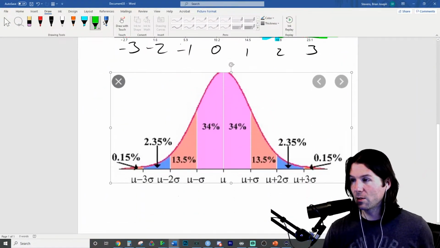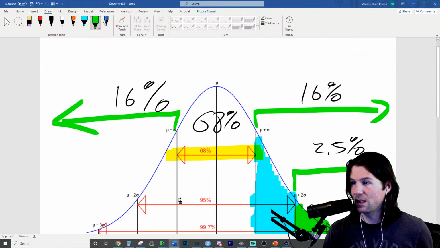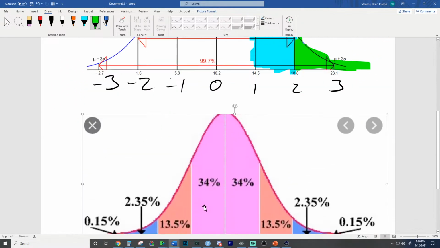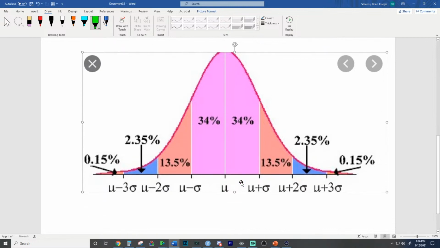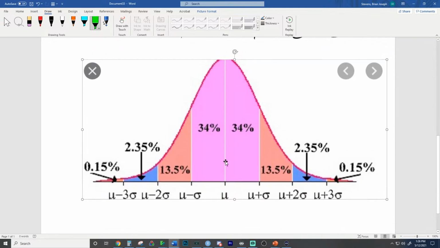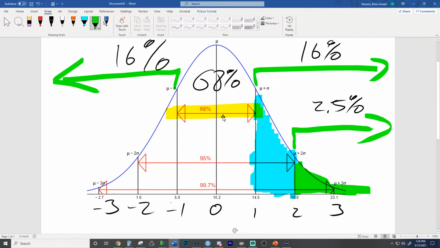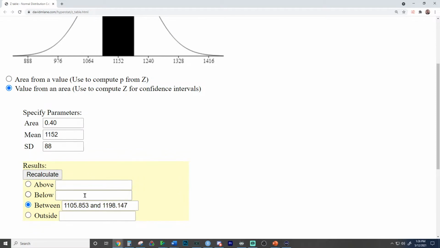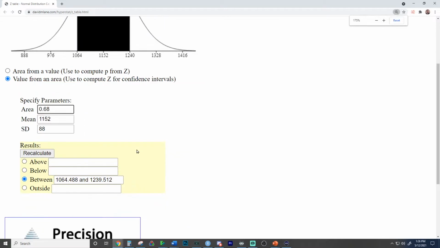The numbers you should know are 68, 95, 99.7. But then you can also break it down to this right here. I would suggest learning this, but 68, 95, 99.7 is a must. And what is this showing you? It's showing you the percent of area within the curve within one standard deviation. There's the 68.